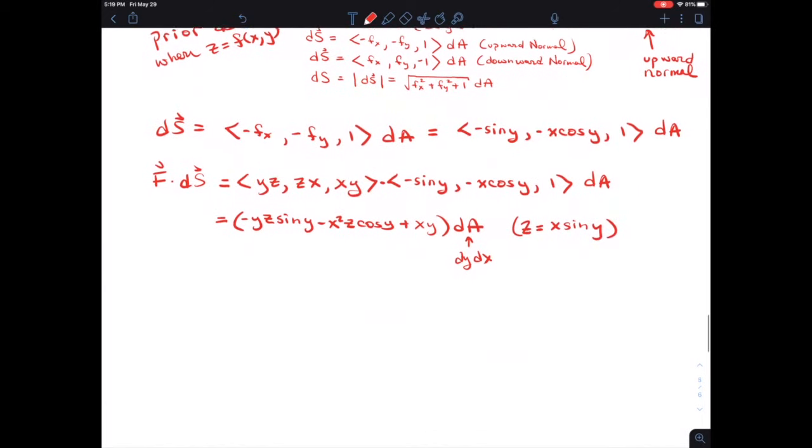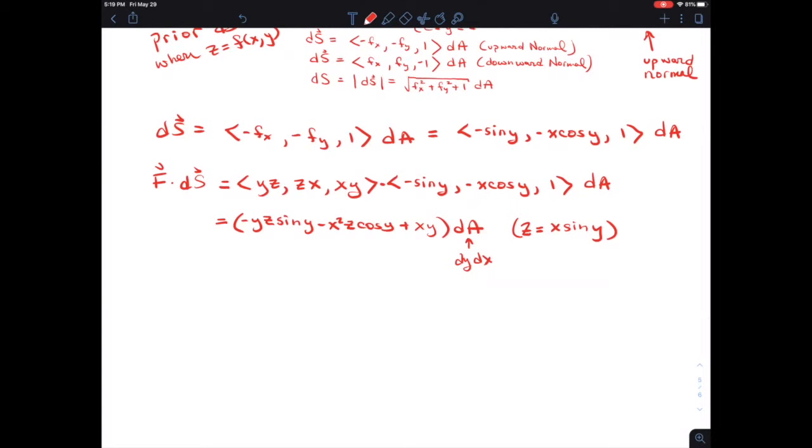All of these integrals are about loads of substitutions, and we're doing one now. So I'm going to do a negative y, and z is x sine y, so this is a negative x y sine y times another sine y, so it's going to be sine squared y.